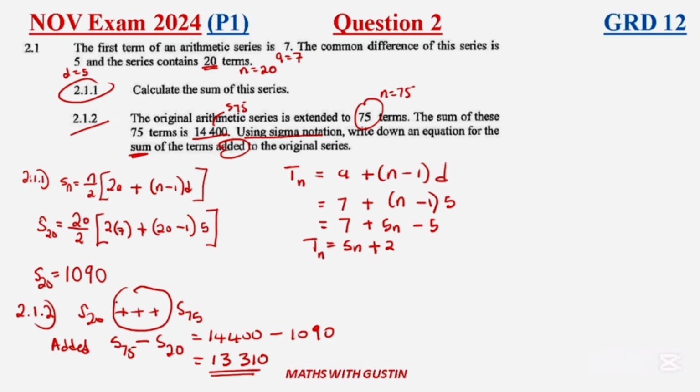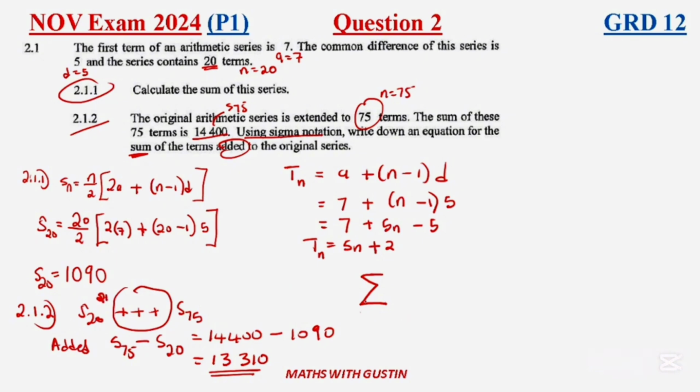Now we can express this in terms of sigma notation. Remember, we are looking for what is in between these two sums. S20 was the original, so we're looking for terms from 21. We're going to start from 21 up until 75.